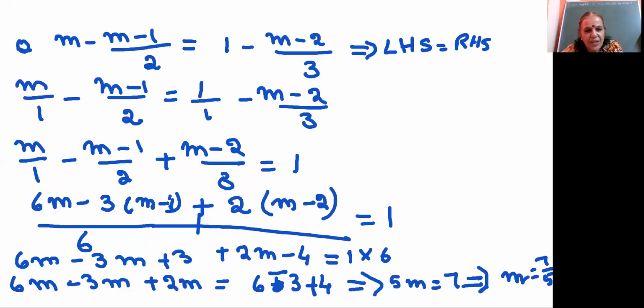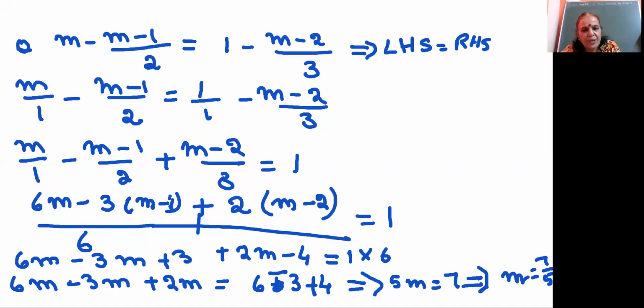LCM is 6, and then 6 1s are 1 into 6 into m is 6m, and then 2 3s are 3m minus 3, minus into minus is plus, therefore plus 3, and then here 3 2s are 2m minus 4, that is equal to, if you cross multiply, 6 was there in the denominator, so you will get 6.